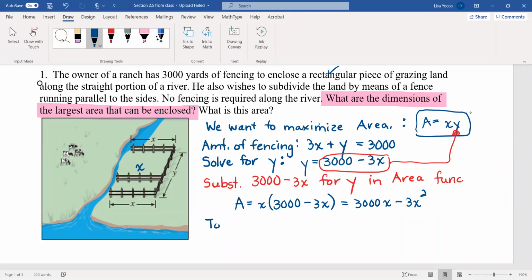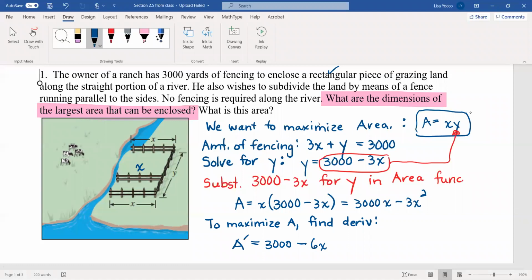All right, so now our calculus comes into play. Maximize the area, find the derivative. So A prime. For 3,000x, the derivative is 3,000. And then for 3x squared, we multiply 2 times 3 is 6, and subtracting 1 from the power gives me just x.